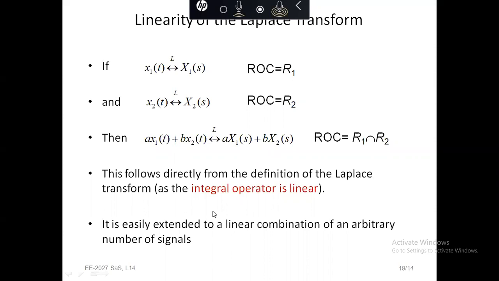So also we can have the sum of two signals as a linear combination by this method.